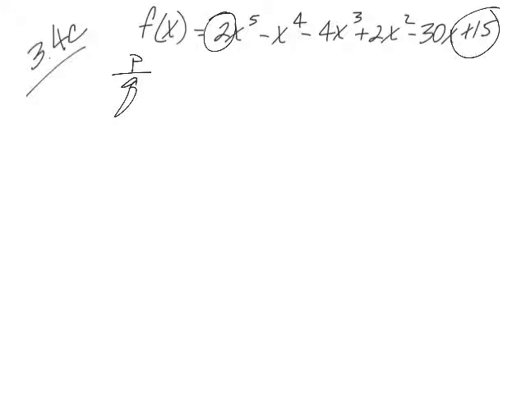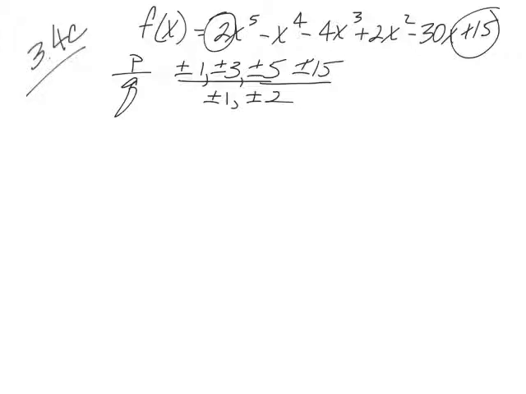So I write all of my factors of p: plus or minus 1, plus or minus 3, plus or minus 5, and plus or minus 15. Then I write my factors of 2: plus or minus 1, and plus or minus 2.